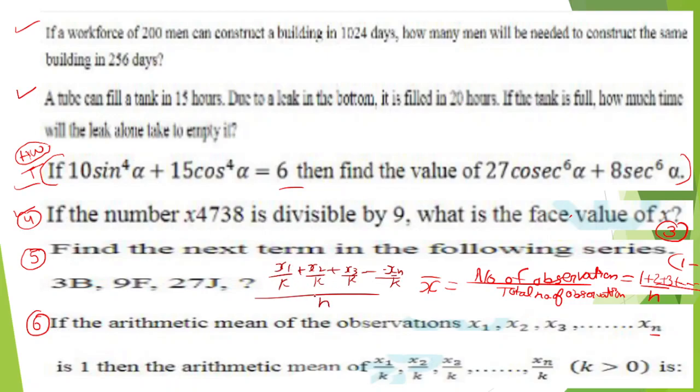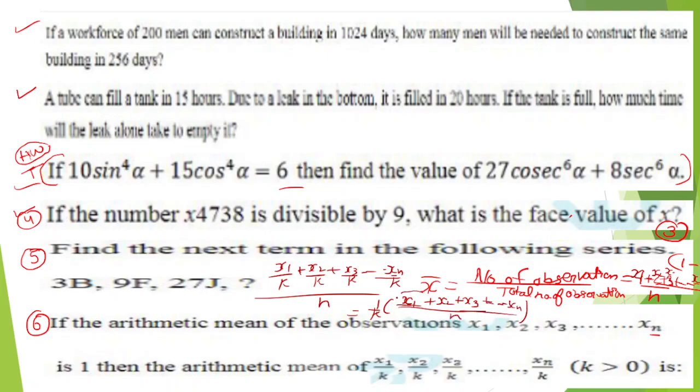Okay, now we take common 1 by k, and here we get, I'm so sorry, sneezing is an involuntary action we can't control. x1 plus x2 plus x3 up to xn divided by n.